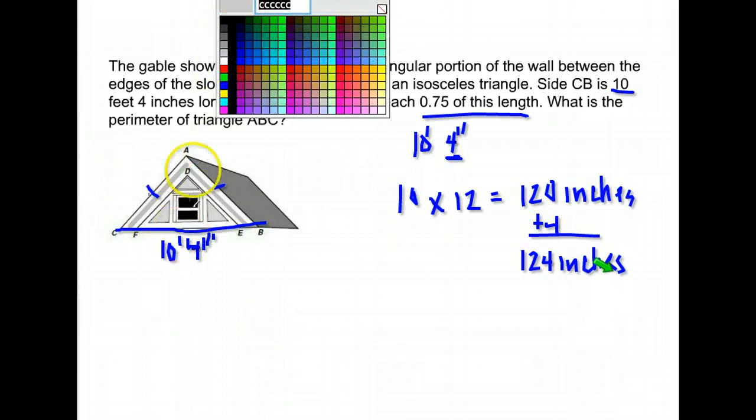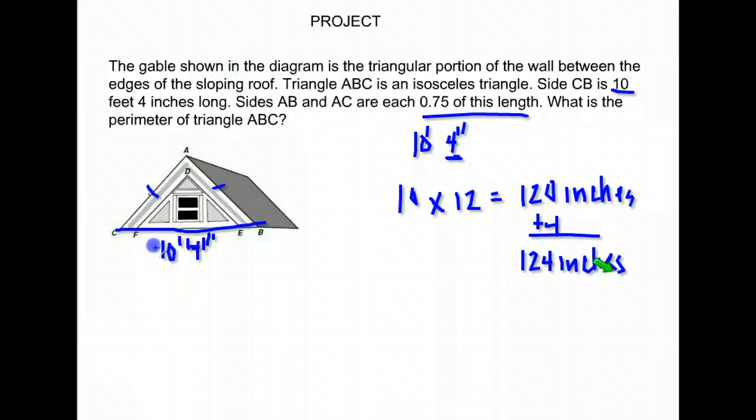Okay, so now for my triangle. This is 124 inches. I want to find the length of AB and AC. It says it's 0.75 the length of that side. So all we have to do is take 0.75 and multiply it by 124. When they say of, that means to multiply.